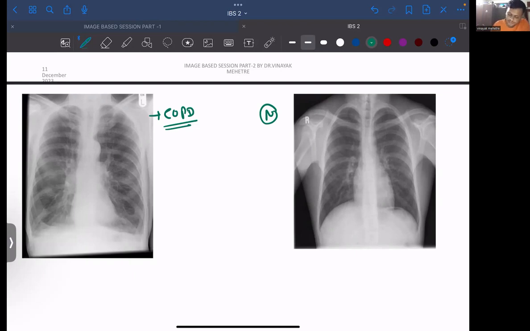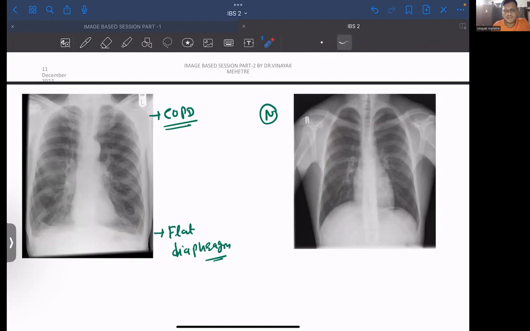Take a look first. It is the easiest. What has happened over here? It is called flat diaphragm, right? What else has happened? If you take a look over here, the intercostal space is almost the same.